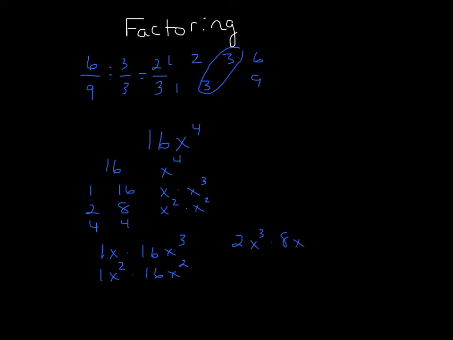These are all different monomials that you could put together that all equal 16x to the fourth. So these are all different factors of 16x to the fourth. That's really what we're trying to do here: break down numbers into their little parts. Ultimately we'll find common factors between the different parts of our polynomial, or our different terms.